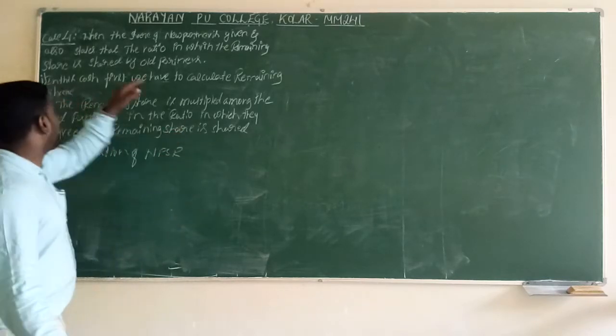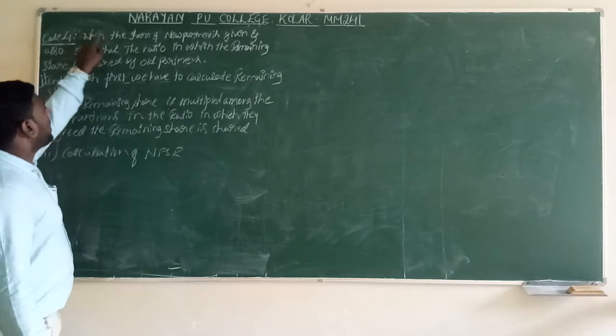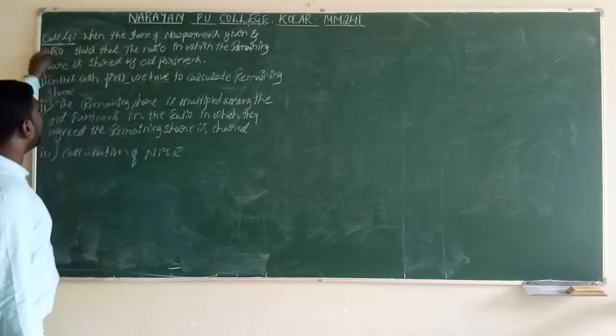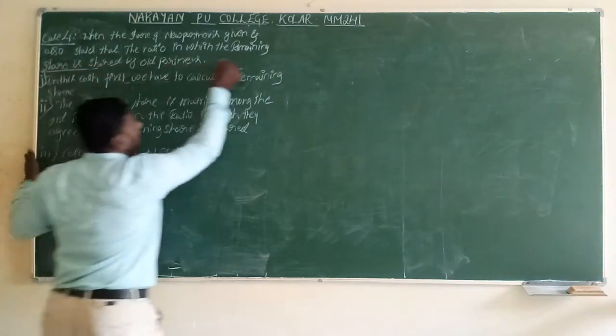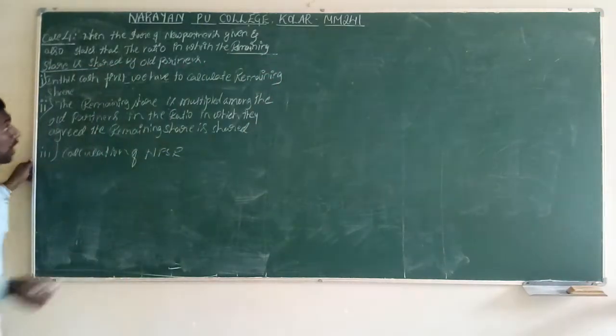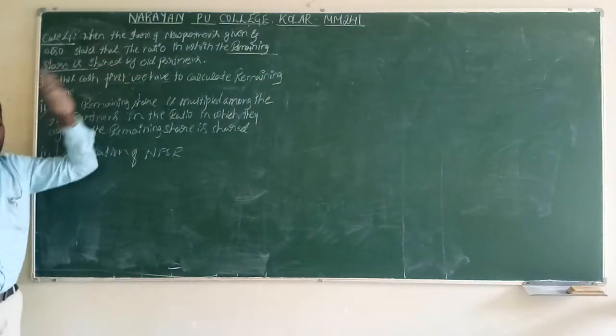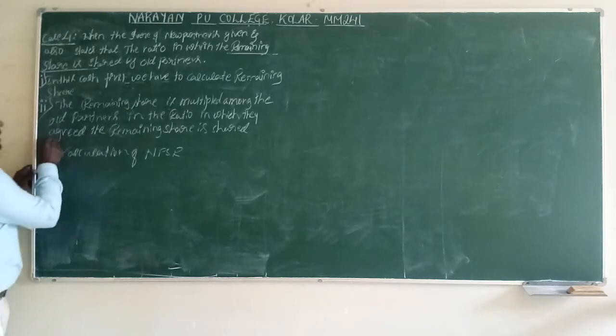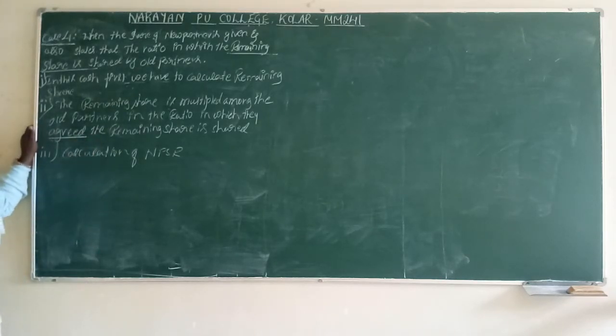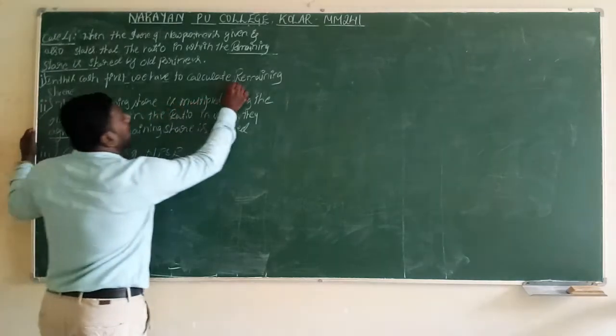We clearly have to know that when the share of the new partner is given and the ratio in which the remaining share is shared by the old partners is also stated, then we have to assume the question belongs to case number 4. The term agreed, if given in the question, we can assume belongs exactly to case number 4. So in this case, first we have to calculate the remaining share.